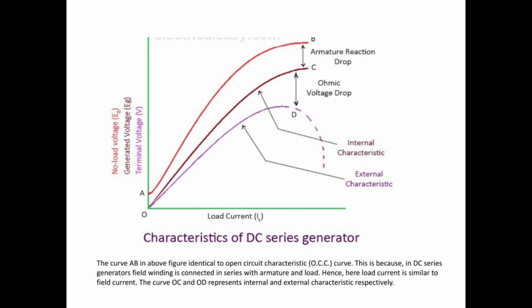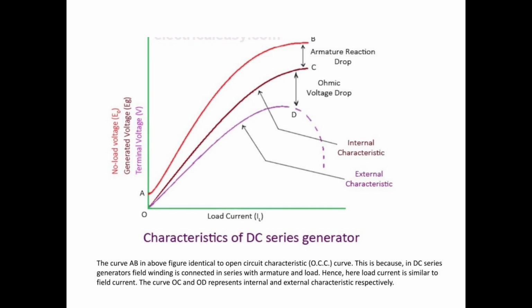So this is the characteristics of DC series generator. Here the curve AB is identical to the open circuit characteristics curve. Why? Because in a DC series generator, the field winding is connected in series with the armature and load.